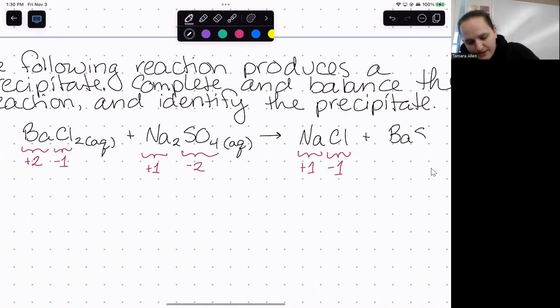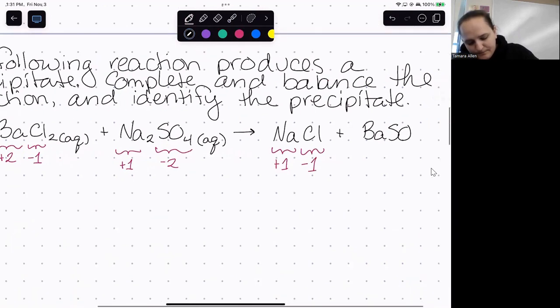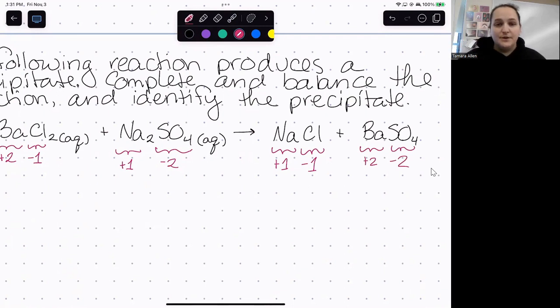Barium is going to end up paired with sulfate, and we know barium is +2, sulfate is -2, so that one is also good to go. We don't need to make any adjustments to our subscripts to have our charges add to 0. So the last thing we need to do is balance our reaction.